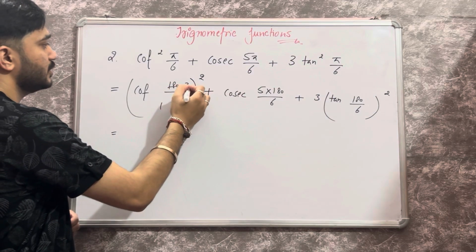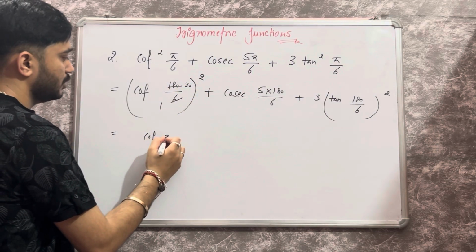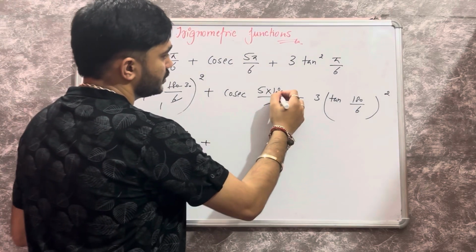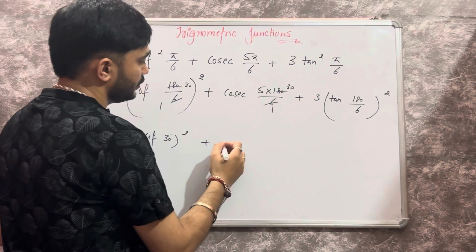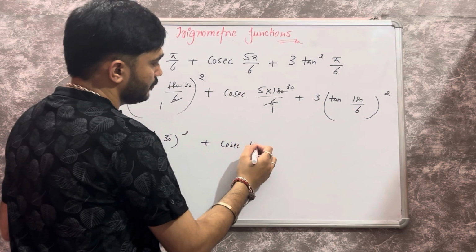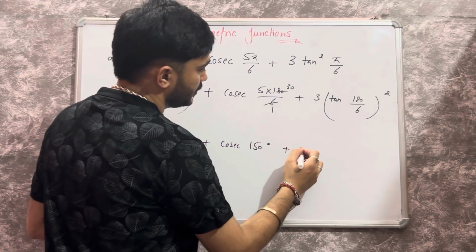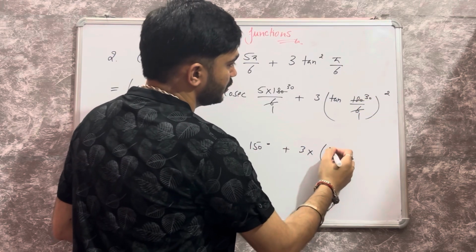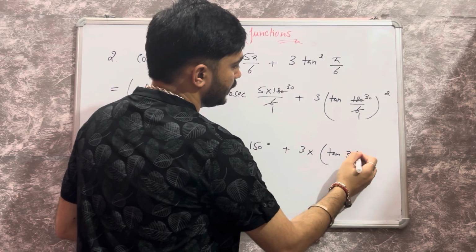So the answer is cot 30 square plus cosec 150 degree plus 3 tan of 30 degree square.